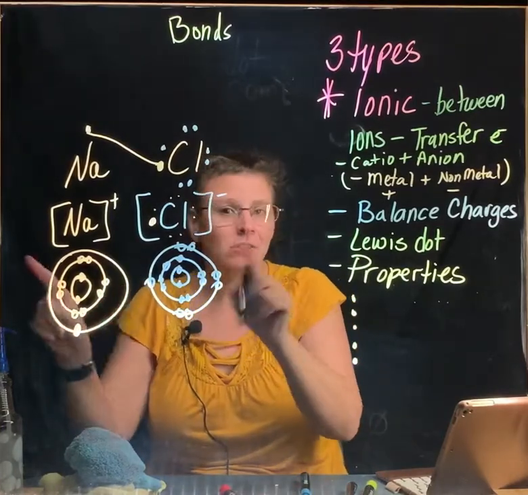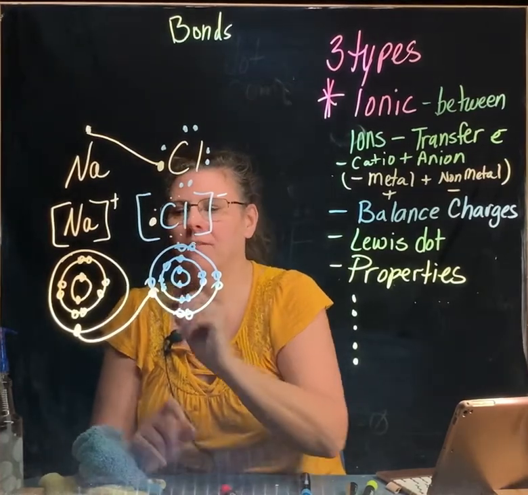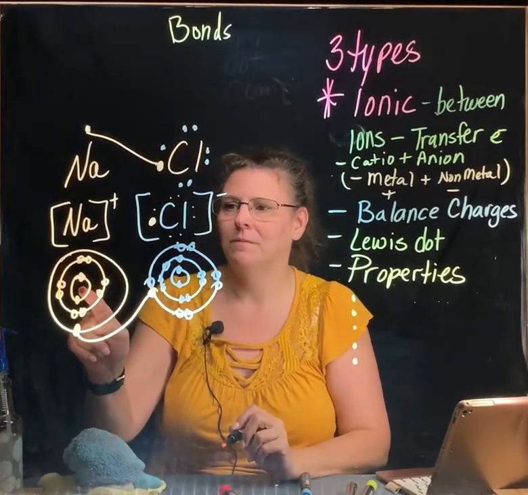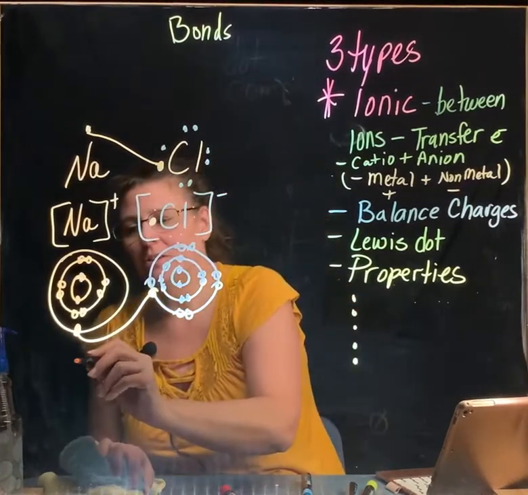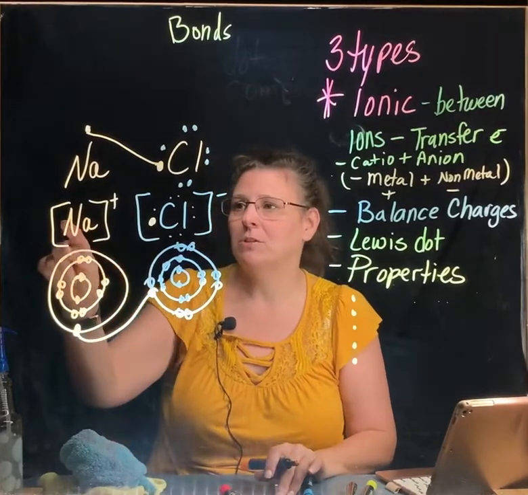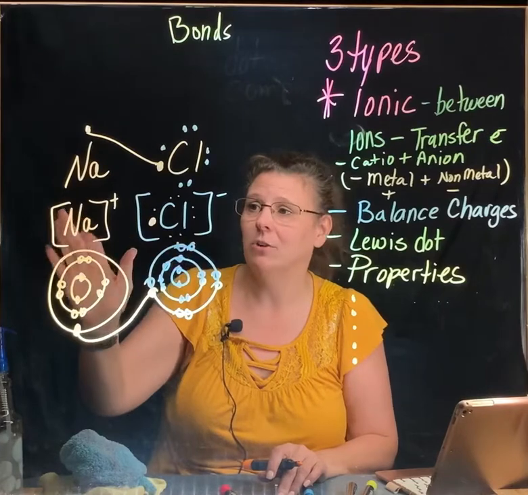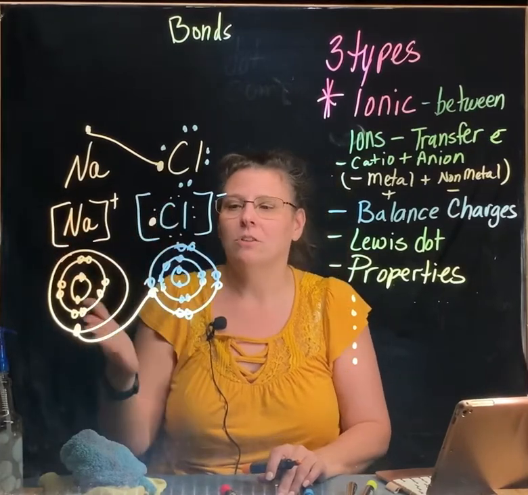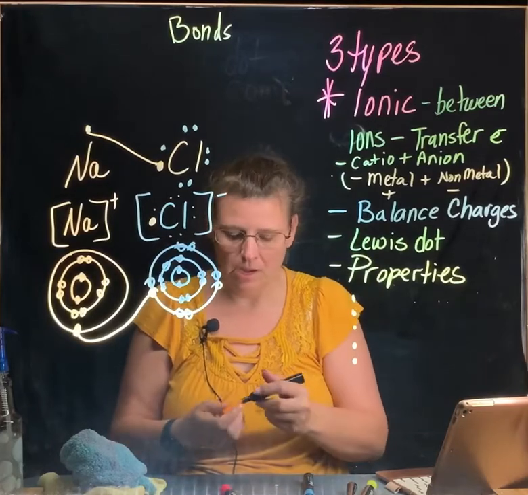These outer shells are what's bonding together, and there's a transfer from the sodium atom to the chlorine atom, and you end up with sodium and then chlorine together. Okay, so this becomes sodium ion and chloride, right? Sodium ion and chloride. So we get sodium chloride. Okay, table salt. Okay, kind of that idea.